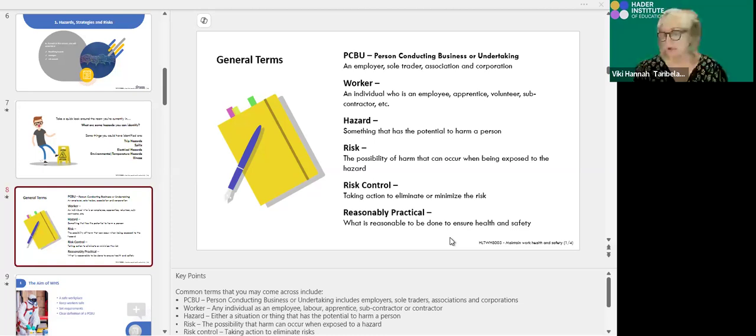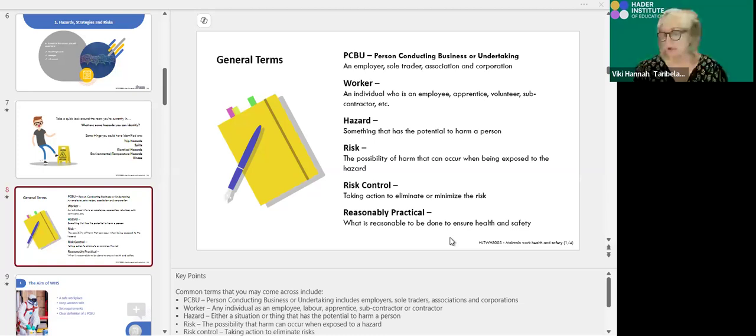The word is subcontractor. You are covered when you go out on work placement by HLTWHS003. We have a certificate of currency where you are insured in that space. So there are requirements that we must meet. So for this case, a PCBU is the person who would be viewed as your employer or the host employer.